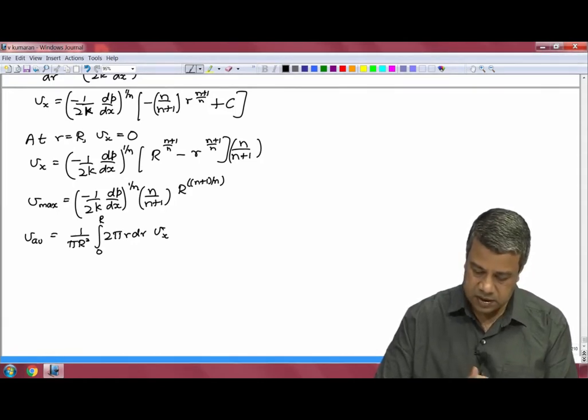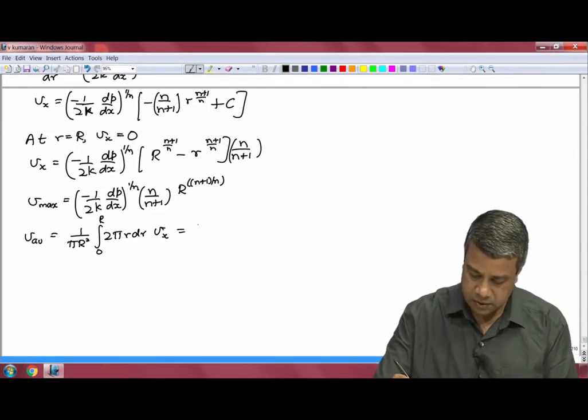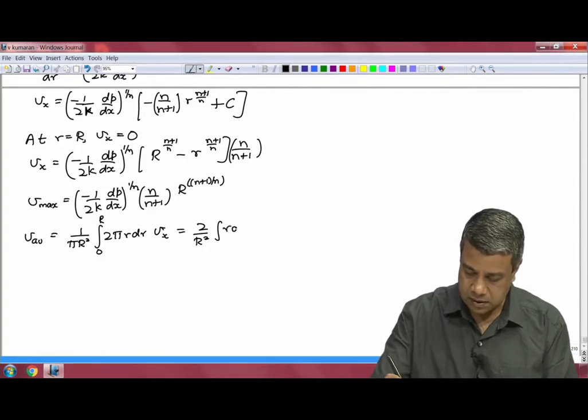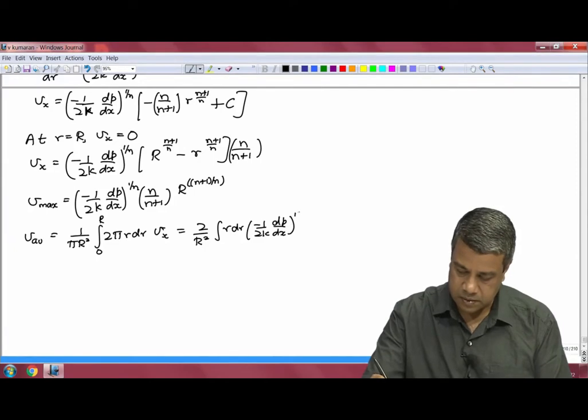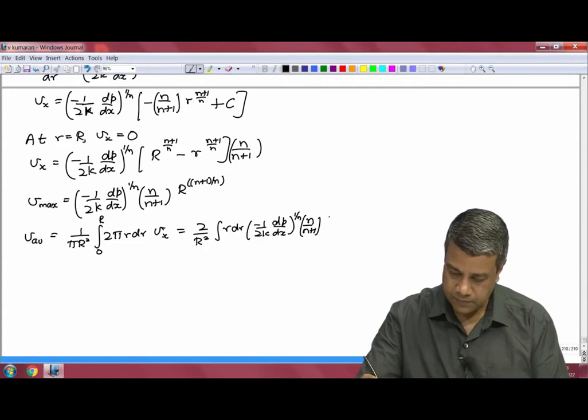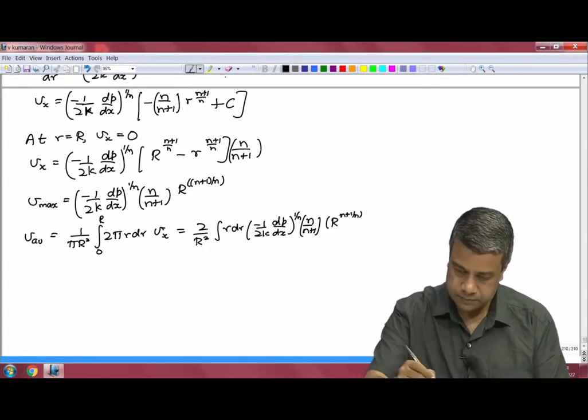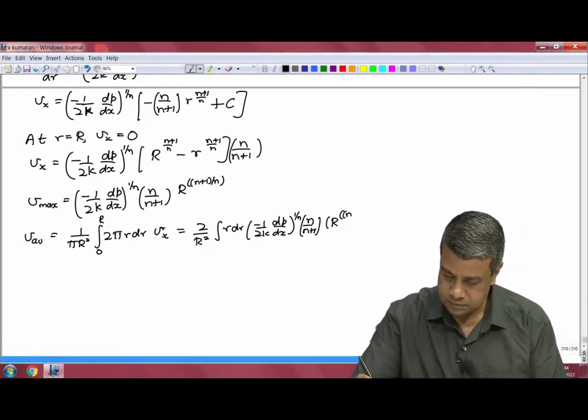And you can do this calculation. So, this just becomes equal to 2 by R square integral r dr, into minus 1 by 2 k dP by dx whole power 1 by n, n by n plus 1 into R power n plus 1 by n minus r power n plus 1 by n.